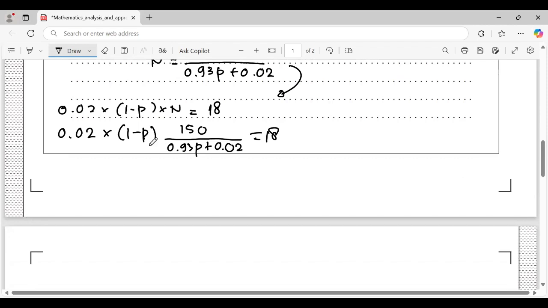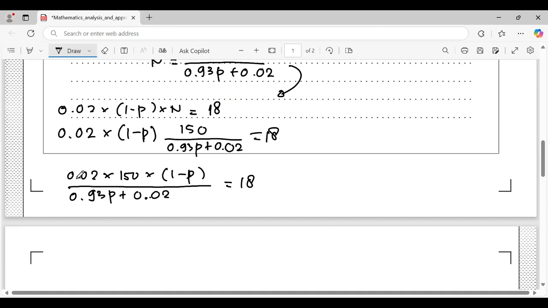So if we calculate, 0.02 times 150 times 1 minus P, divided by 0.93P plus 0.02, equals 18. So 0.02 times 150 is 3, times 1 minus P, divided by 0.93P plus 0.02, equals 18.